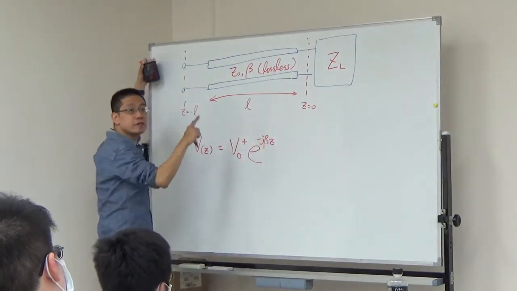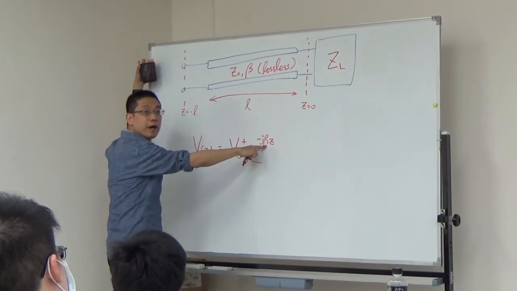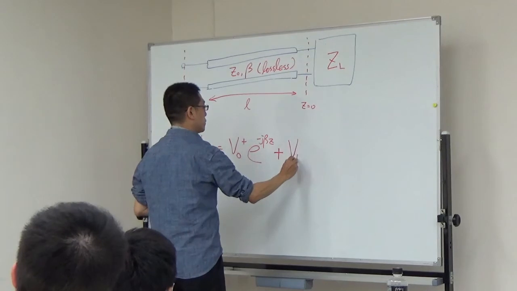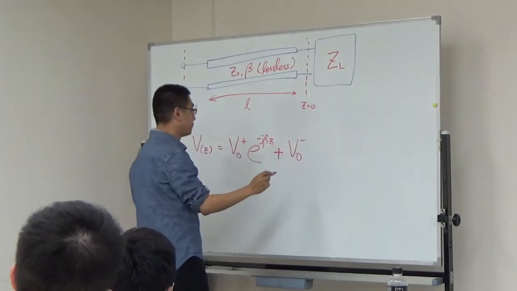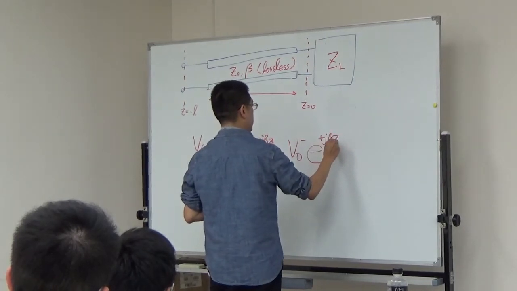If this is a lossy transmission line, we will use gamma instead of j beta, plus V0 minus times exponential of j beta z.